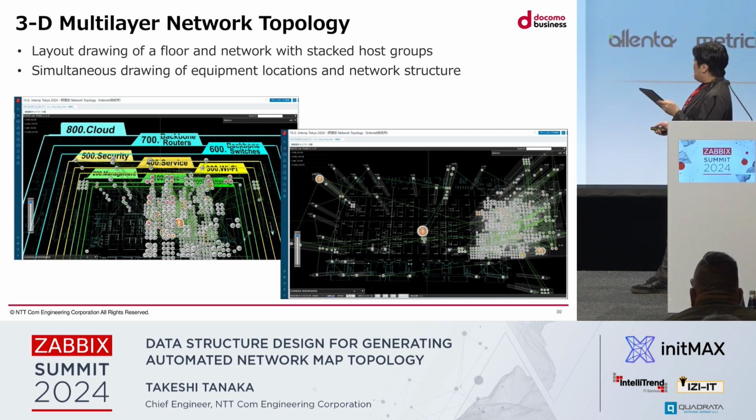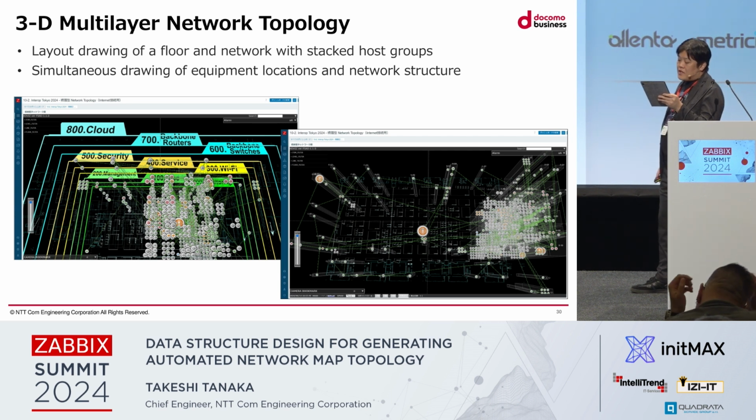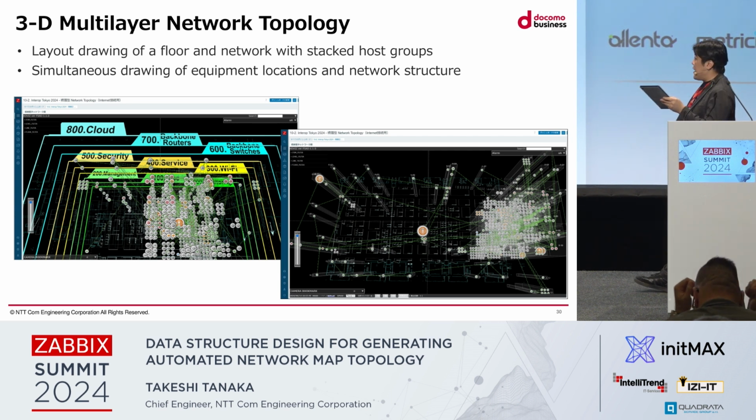A floor plan image of the pavilion is included in the background. The network structure and physical location are displayed on one screen. These network diagrams were designed and implemented in 6 days.